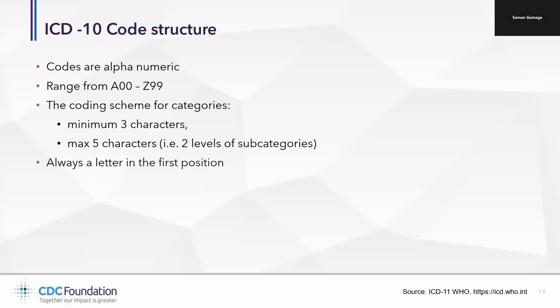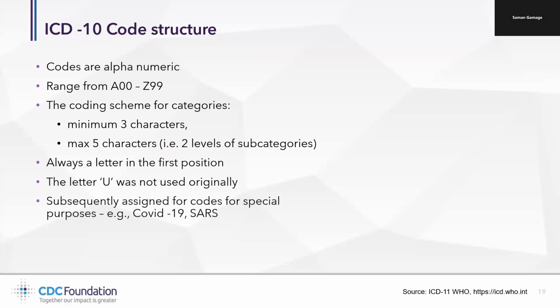There is always a letter in the first character position. The letter U was not used originally, but was subsequently assigned for codes for special purposes. For example, COVID-19 codes U07.1 and U07.2 and other U codes, and then the codes for SARS.